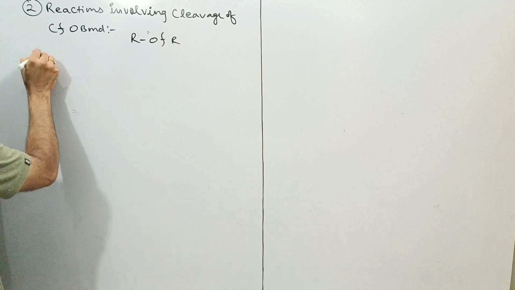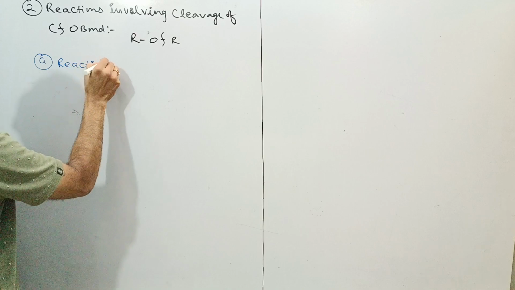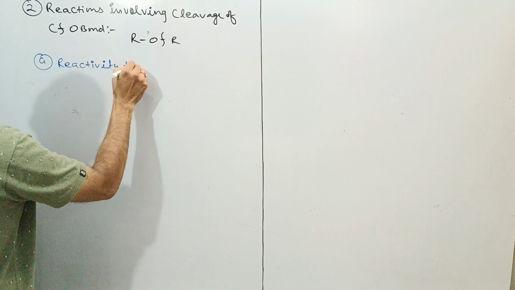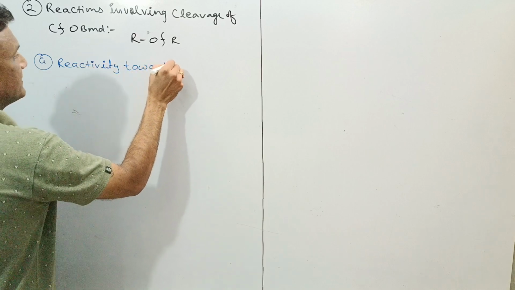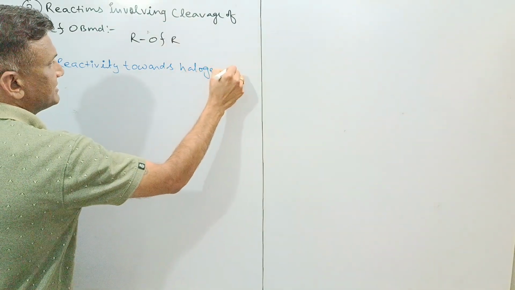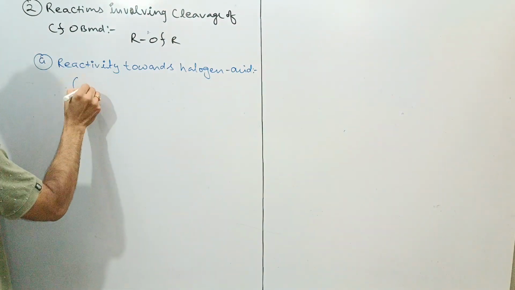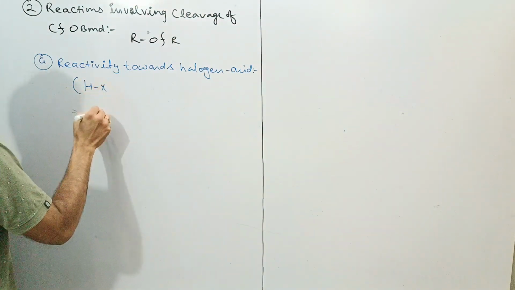Reactivity towards halogen acid. If we go with the formula, halogen acids are HX.